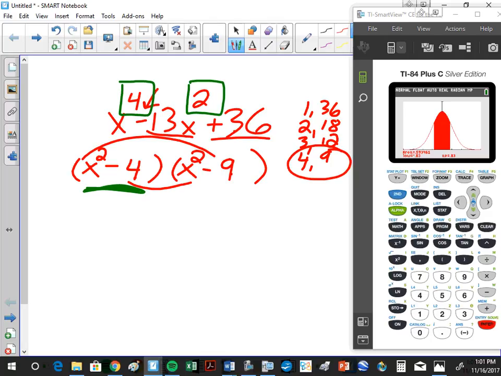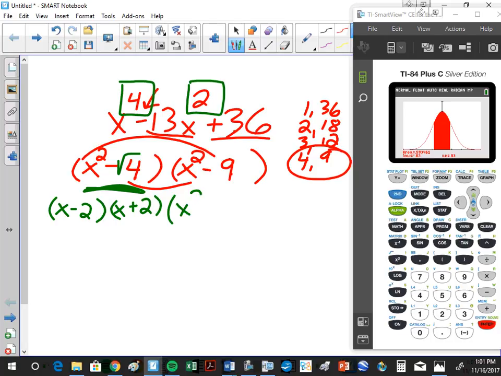How do we factor a DOPS, a difference of perfect squares? x squared minus 4, how does that factor? Yep, we take the square root of this, and we get x minus 2 and x plus 2. Do you guys remember that?